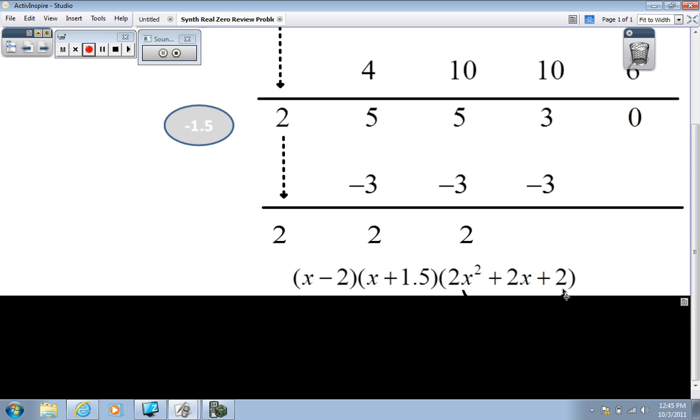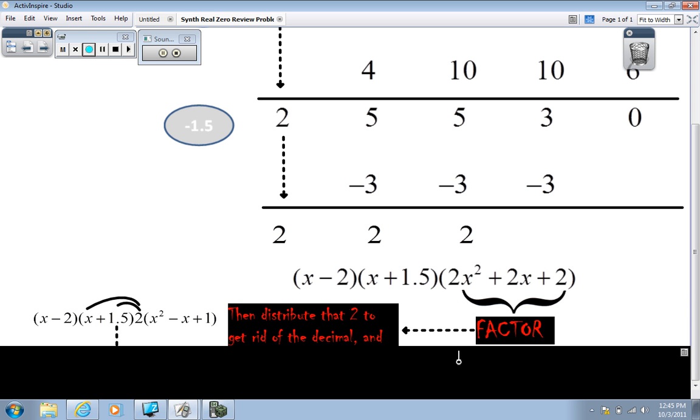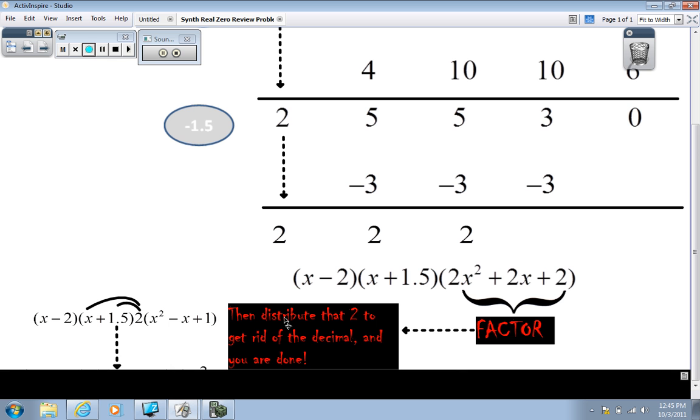Now, what do you notice about that? Well, they all are divisible by 2, right? So we should take that 2 out and factor that 2 out, because if we don't, we haven't written it in completely factored form. So I'm going to factor out that 2, right? And the reason that 2 appeared is to help us, and you can come over here and see, get rid of this decimal. We shouldn't have non-integer coefficients here in our factored terms.